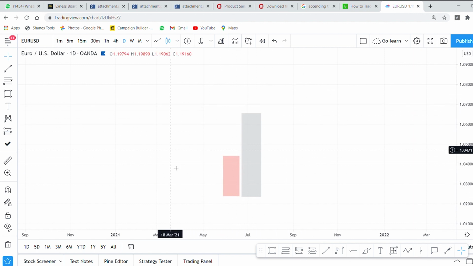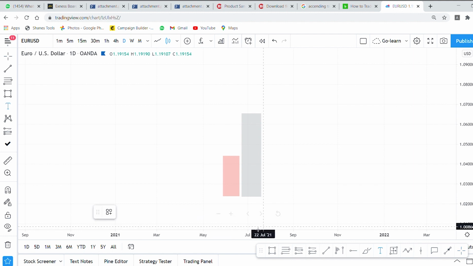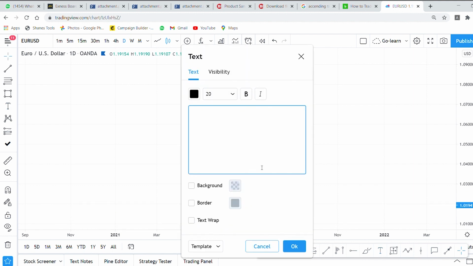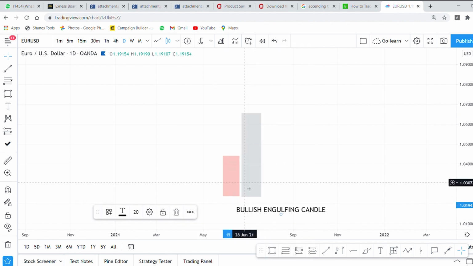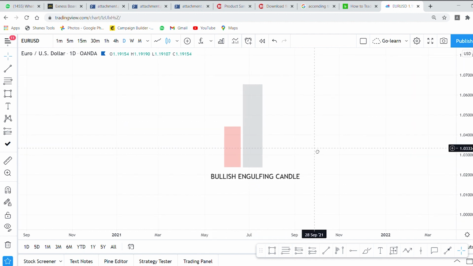Once you spot this on your chart, yes, definitely it's a bullish engulfing candle, but there's something more interesting to it. The market will sometimes come back to reprice the bearish candle.